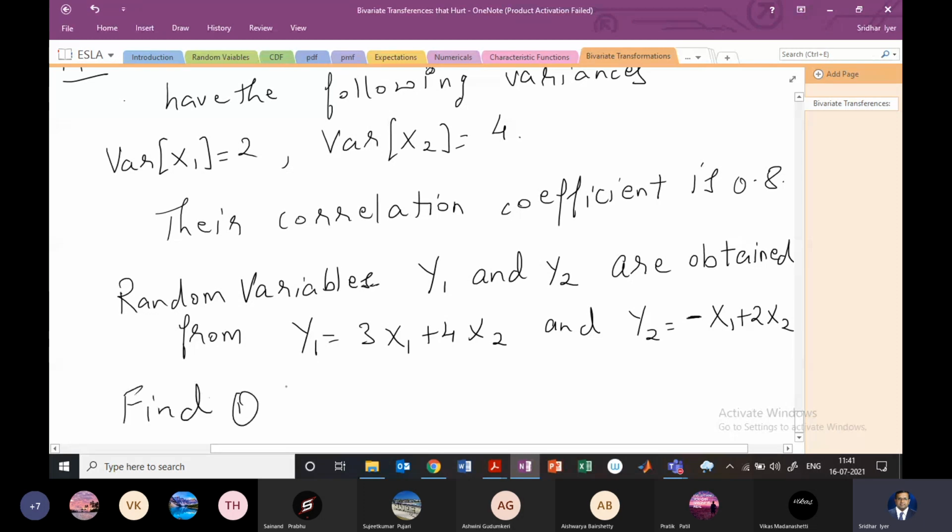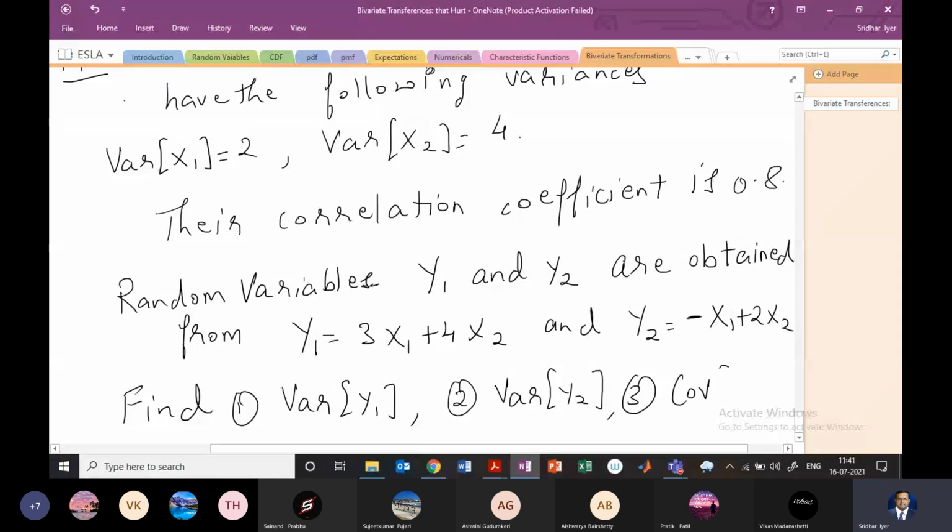Find 1, the variance of y1, 2, the variance of y2, and 3, the covariance of y1, y2. So this is the question.